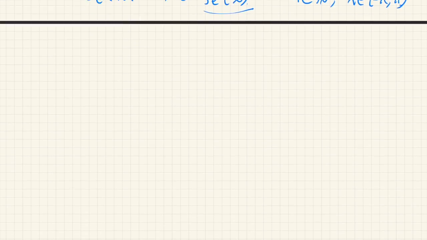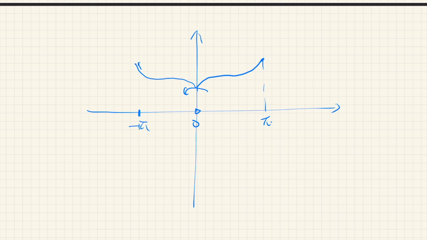So if we have a function g of x defined on this interval between 0 and pi, then we can make a symmetric mirror image around the y-axis to have something like this.